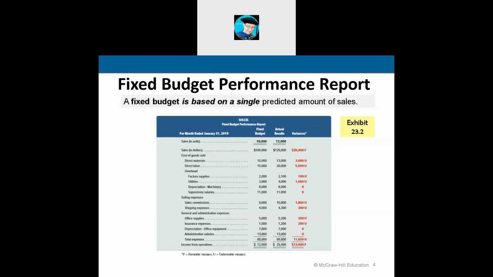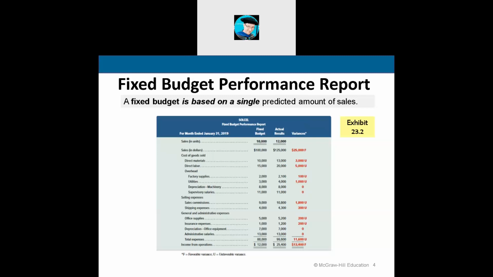Now, when we've established a budget, it's so important to identify the differences between your budgeted amount and your actual performance, your actual results. You have to know the differences. We call those differences variances. The word variance means difference.